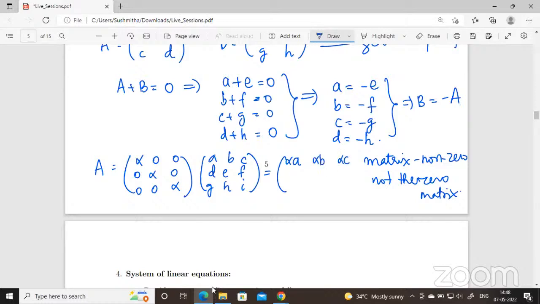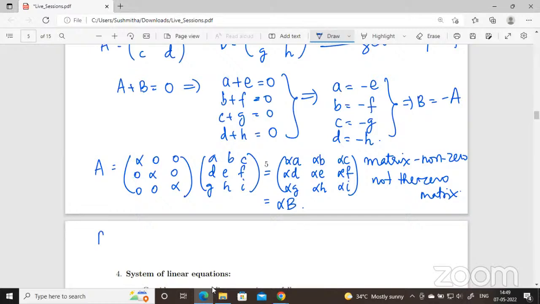Alpha B, alpha C, and then alpha D, alpha E, alpha F, alpha G, alpha H, alpha I. Ma'am, also you can put alpha outside, alpha times the matrix. Yes, right.